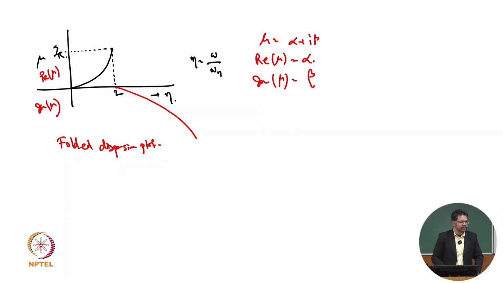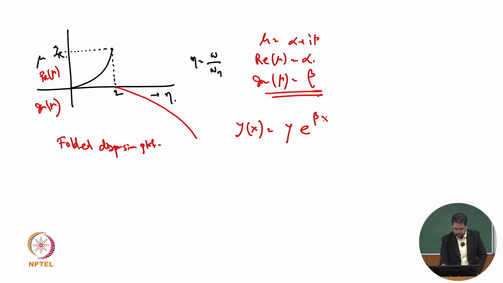So if you think that imaginary mu is getting higher, that means what? You are having y of x equal to y into e to the power of minus beta x. So that beta is increasing.